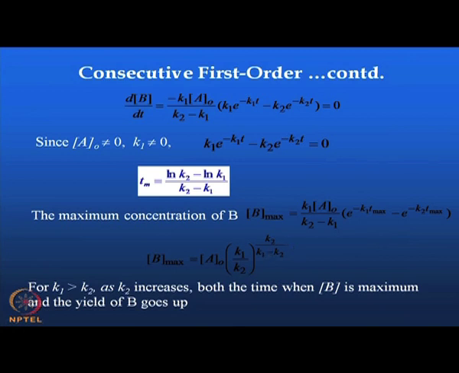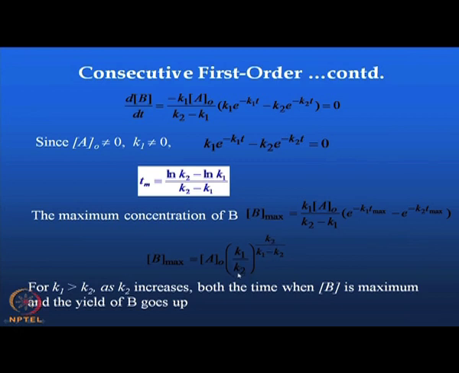So, for K1 greater than K2, if K2 increases, what will happen? As K2 increases, this factor increases, and this denominator is becoming less and this is increasing.